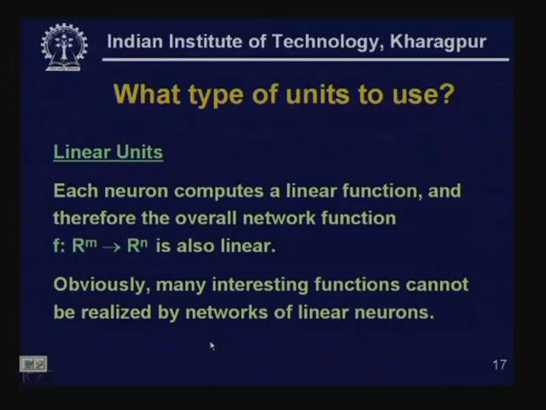If you add several layers of linear units, what we get is in effect another linear unit, and therefore it does not have the power to represent all types of decision surfaces. So, the type of functions that we can represent by multi-layered neural networks using linear units is severely restricted.